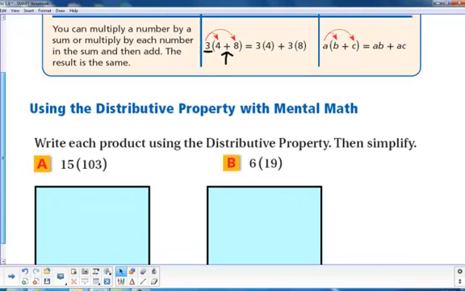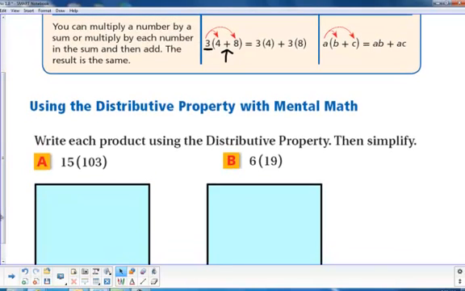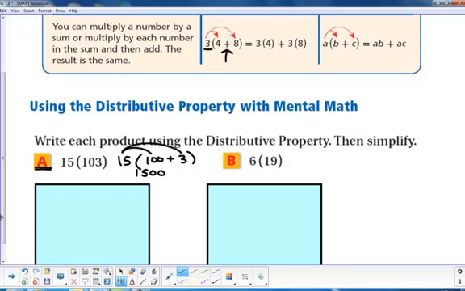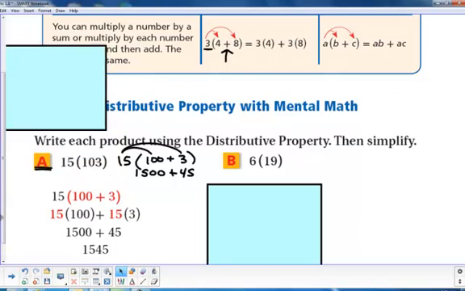We're going to use that property right here. Go ahead and watch while I do this. 103 might be easier done by making it 100 plus 3. And then we know that 15 times 100 is 1500, and 15 times 3 is 45, which gives us our answer of 1545 with work.